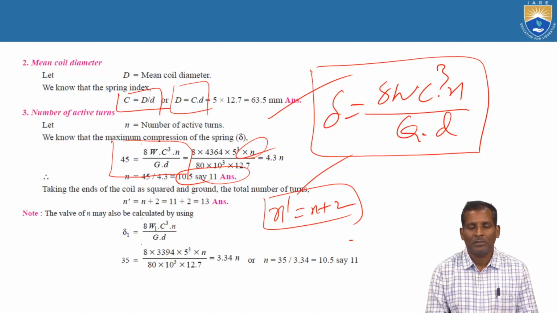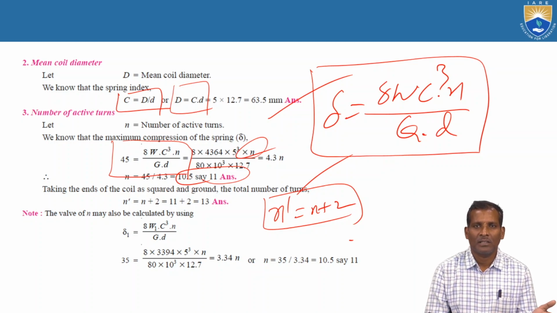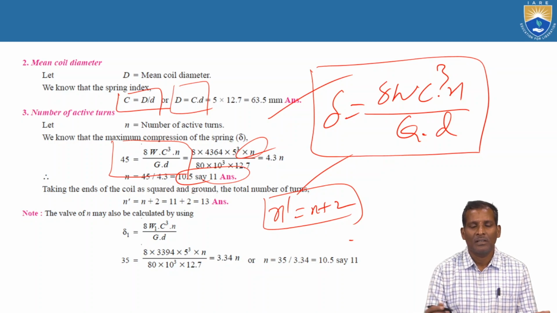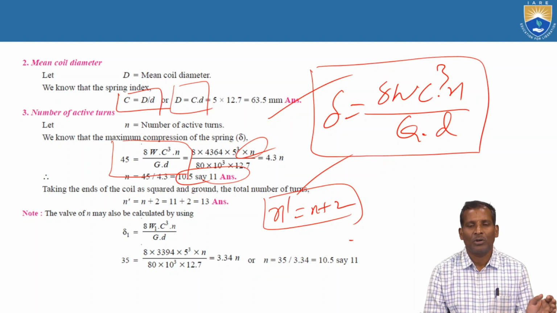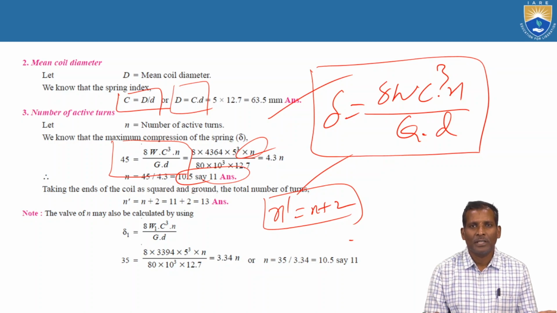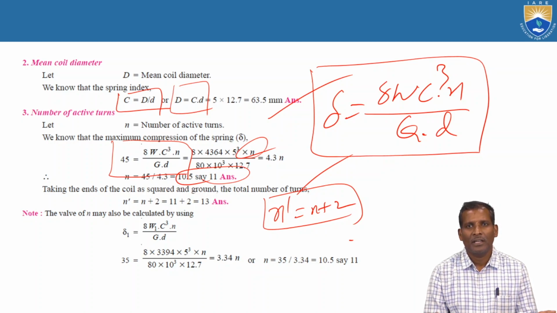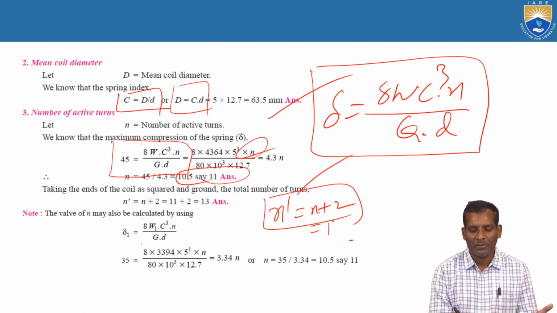While applying load, not all turns are active. Some turns are active and the remaining turns are inactive. They may not deflect, up to the bottom portion of the spring. So you need to calculate the total number of turns by using the end conditions of the spring and the active turns. Here the active turns are already calculated in the previous step, 11 plus 2.